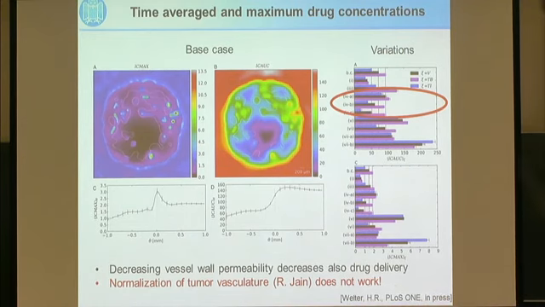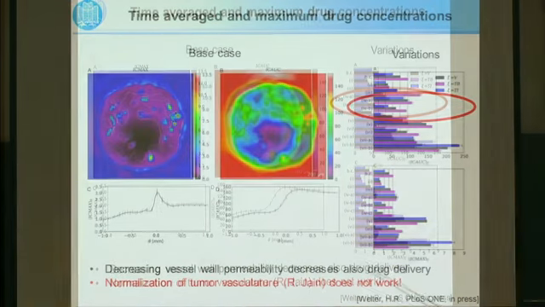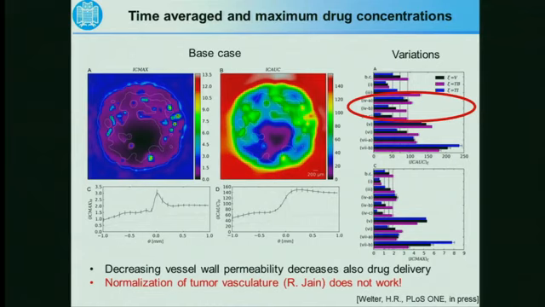That means the suggested normalization of tumor vasculature, according to again, does not work. And this was actually found out. So you have to imagine, he comes up with the idea that due to increased interstitial fluid pressure, drug delivery might be impeded.